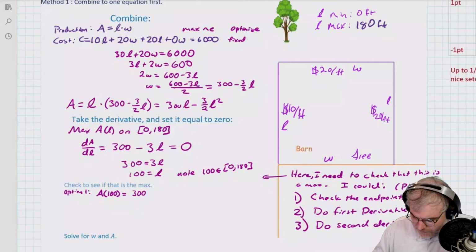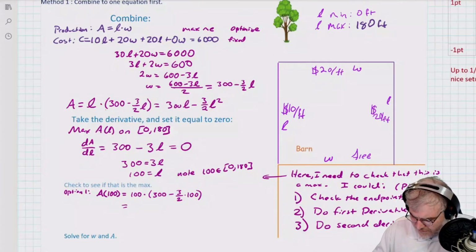Is it going to be easier to do 300 minus that? Yeah, this is going to be. So it's going to equal 100 times 300 minus 3 halves times 100. Okay, which equals what? Well, let's see.